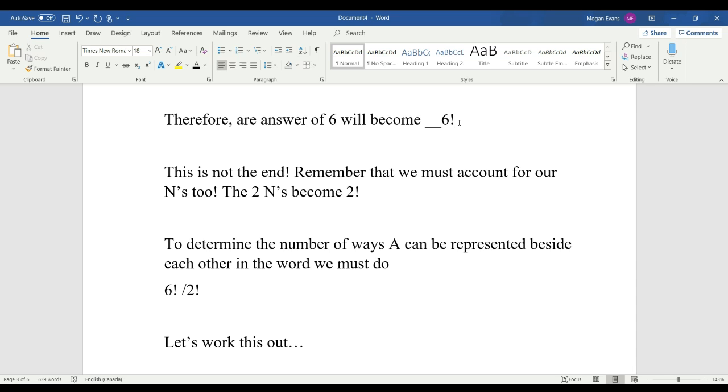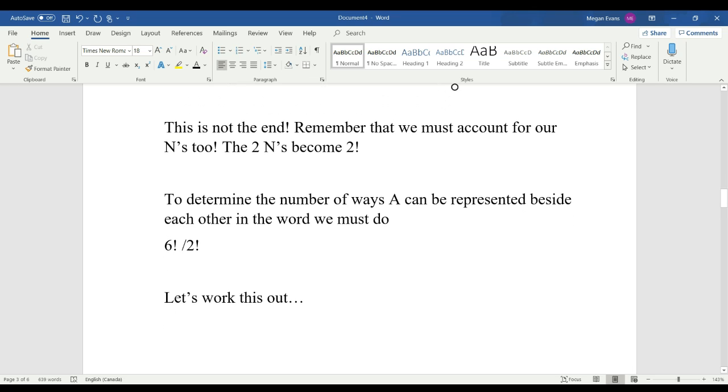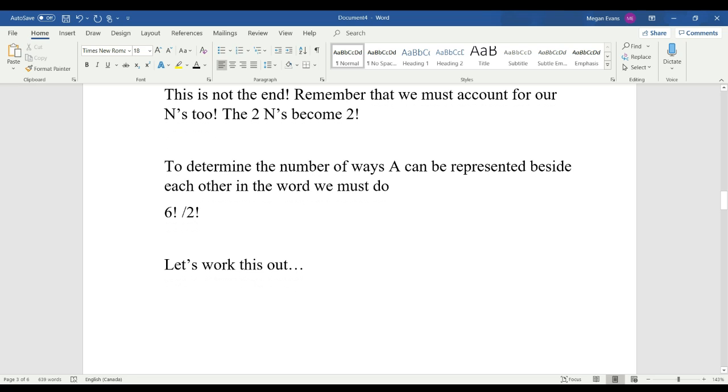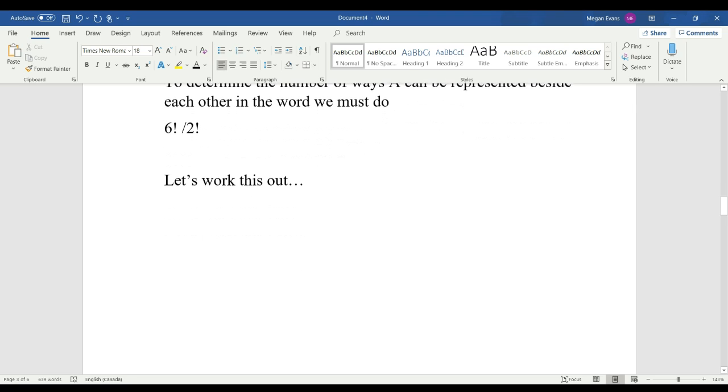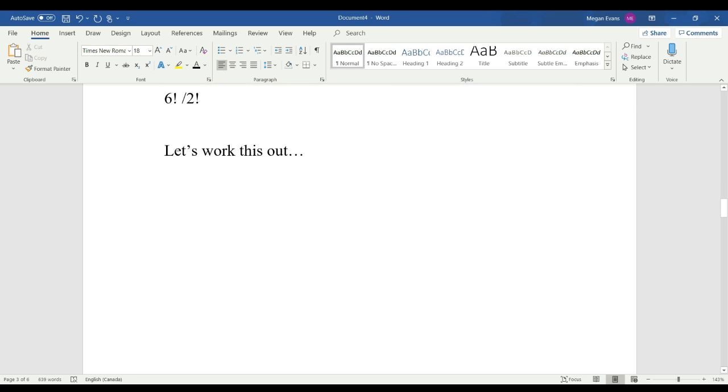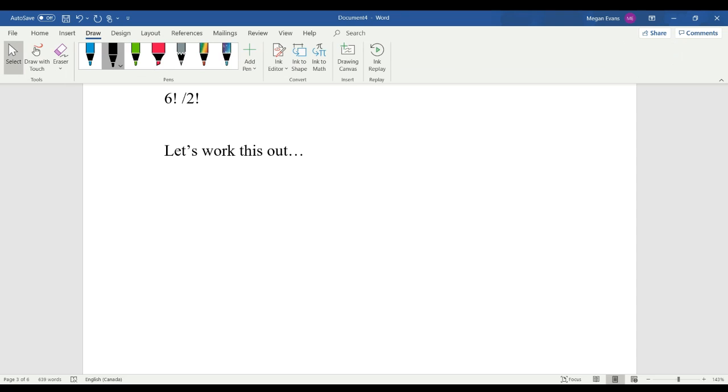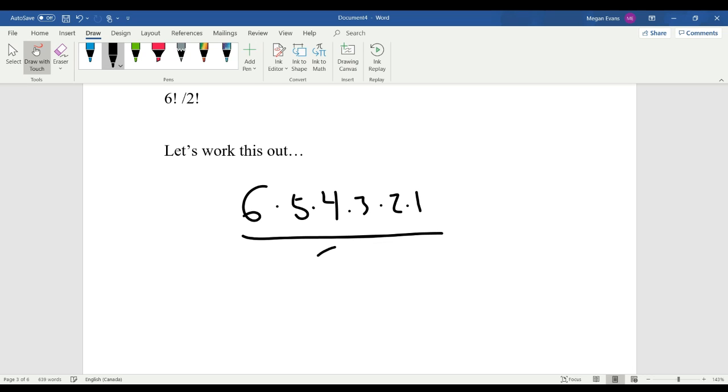This is not the end, though. Remember that we must account for our N's too. 2 N's become 2 factorial, which I already said above. So 6 factorial divided by 2 factorial is 6 times 5 times 4 times 3 times 2 times 1, divided by 2 times 1, which is 2 factorial.